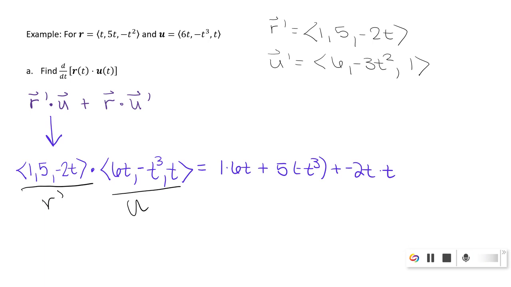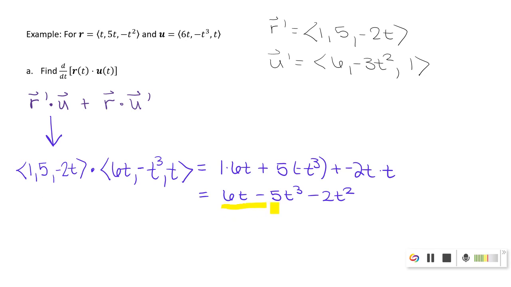I'm going to compute the dot product of r prime and the original vector u by multiplying the corresponding components and then adding them together. So 1 times 6t plus 5 times negative t to the third, and then plus negative 2t times t. That simplifies down to 6t minus 5t to the third minus 2t squared. All right, so that's the first part of my product rule.